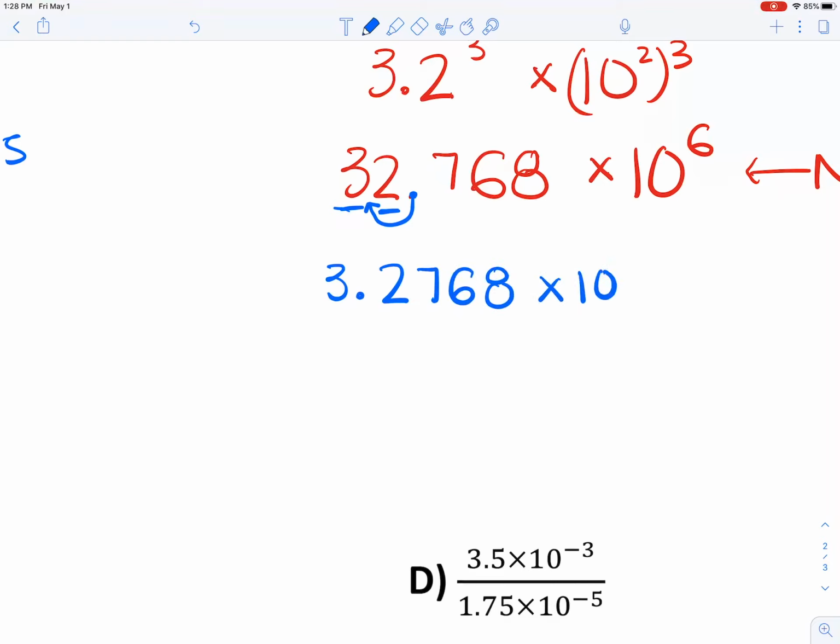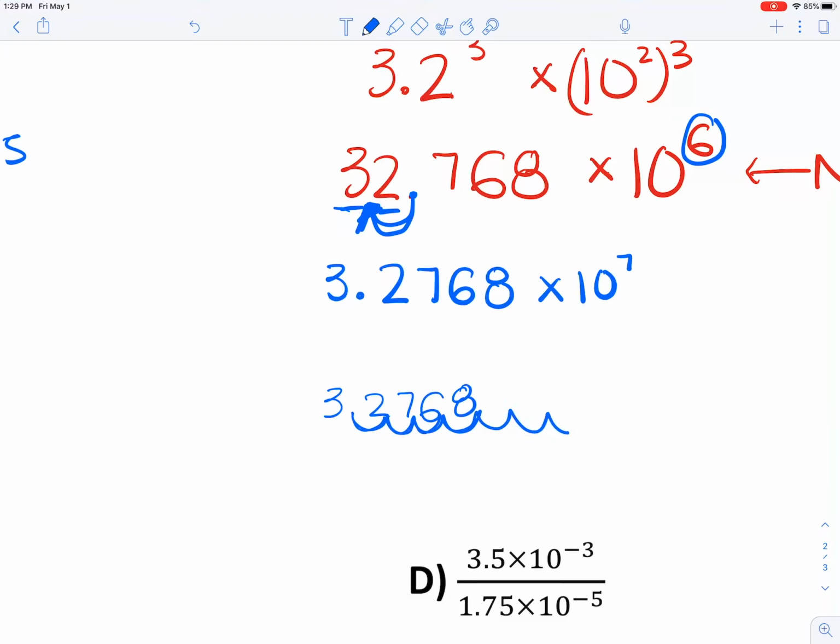So it's going to be 3.2768 times 10 to the, now because I moved this decimal point over 1 right here, I need to change this, okay? I moved it one more over, so this is going to be times 10 to the 7th.